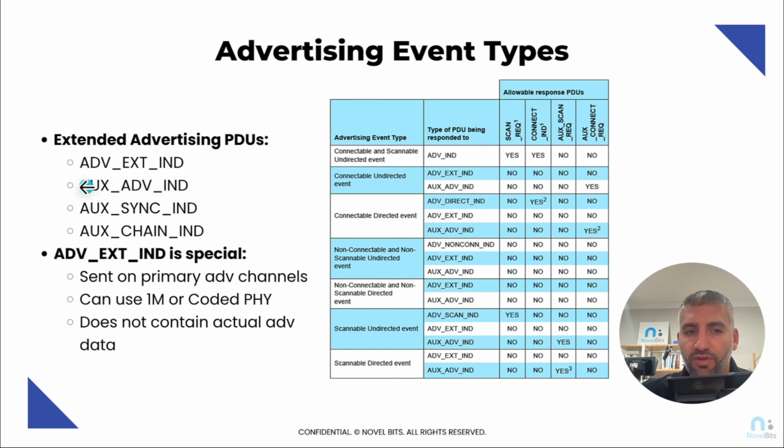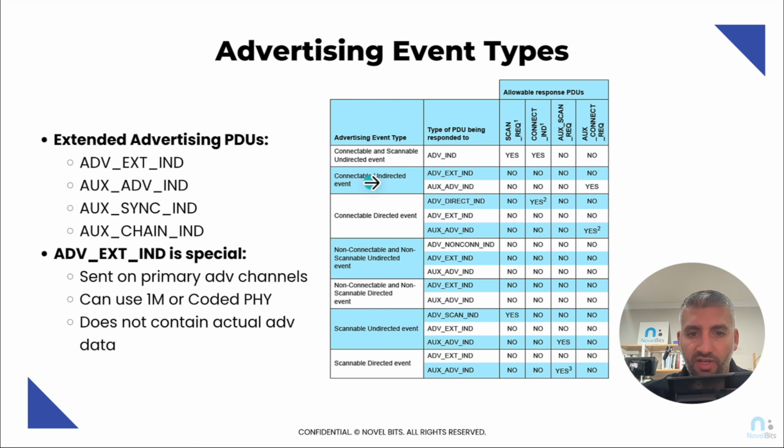And you'll notice here that really the only type that we have in extended advertising is AUX_ADV_IND. So this is repeated for all the different event types. You'll see here, for some of them, it's not even available. So you can't have a connectable and scannable undirected event using extended advertising.